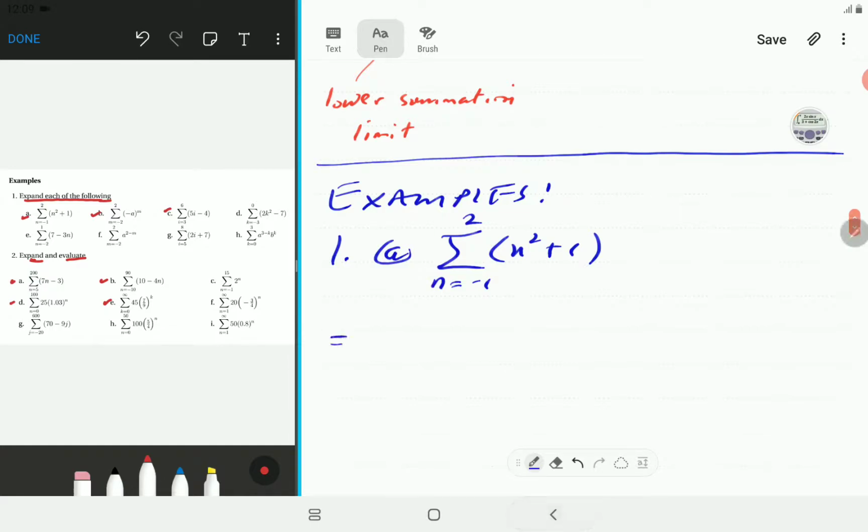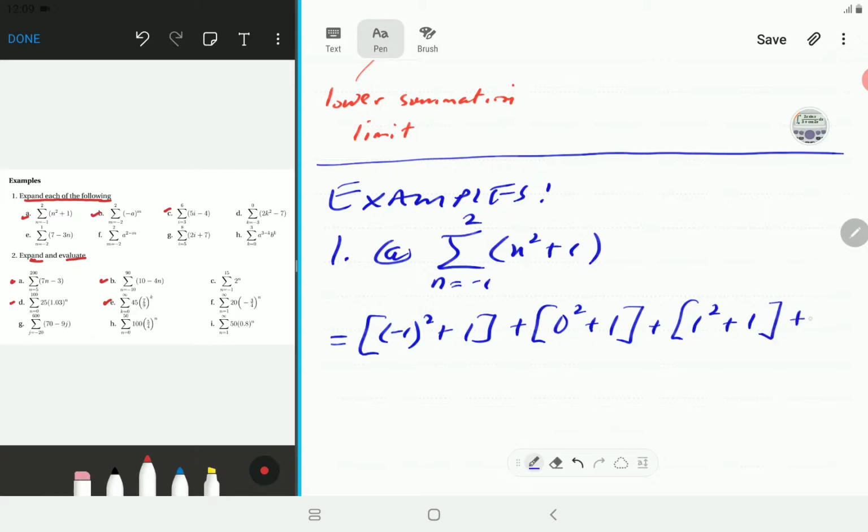The first value of this is going to be obtained by substituting n is -1 here. So we're going to have (-1) squared plus 1. Then the next integer after -1 is 0. So we're going to substitute 0. So 0 squared plus 1. And the next integer is 1. So 1 squared plus 1. And the last one, which is the upper limit, will be 2 squared plus 1.